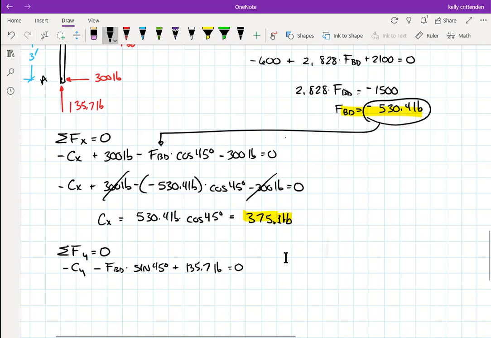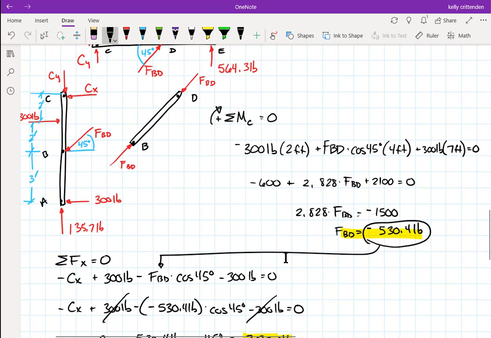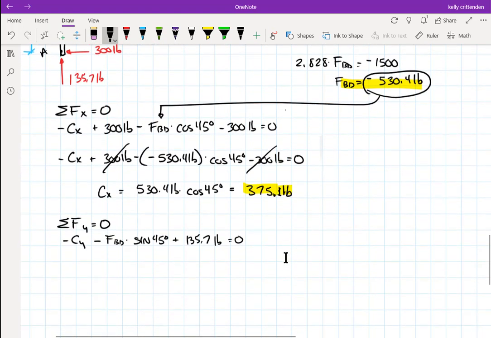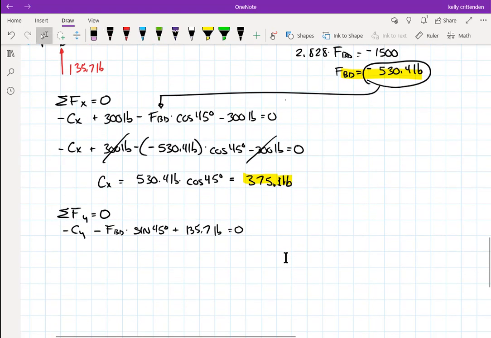So I have 3 things in there, and looking at this, there's 1, 2, 3, so that looks right. So now I need to plug in that negative number again for BD. So negative CY minus negative 530.4 pounds times only the y component plus 135.7 at AY needs to add to 0.